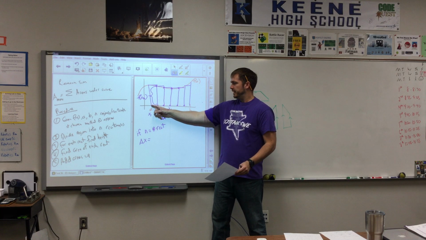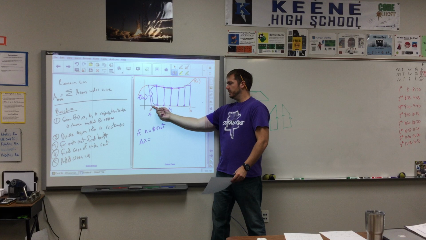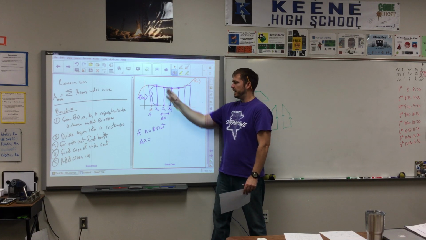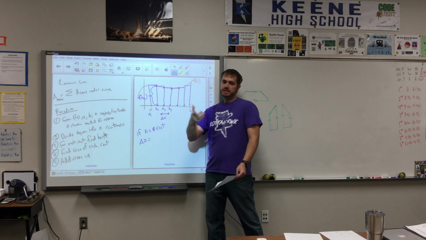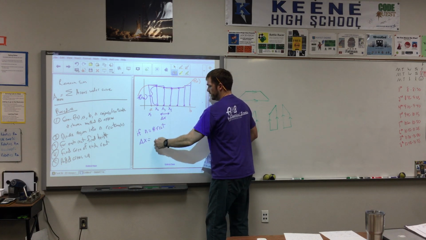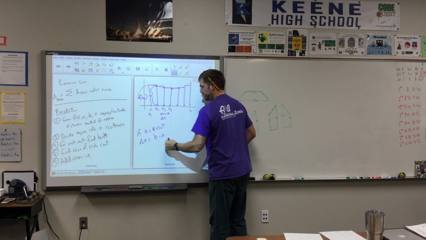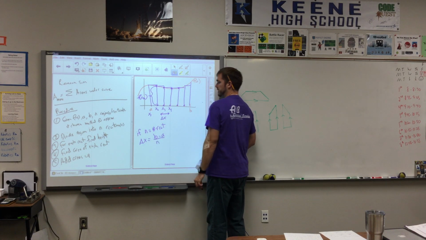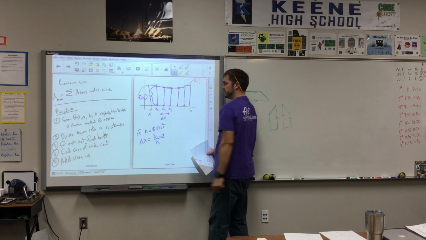Well, how big is your entire area, or how long is this segment right here? Let's say it's 100 units from A to B, and I'm slicing it up into 10 rectangles. Then how wide is each rectangle going to be? 10 units, right? So the way you figure out your width is you ask, what's the distance between A and B? That's B minus A. And then how many rectangles are you going to divide that into? So you divide by n. So this is your width, your delta x right there, the width of your rectangle.